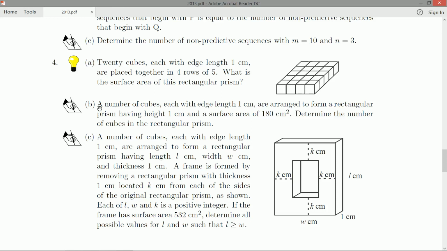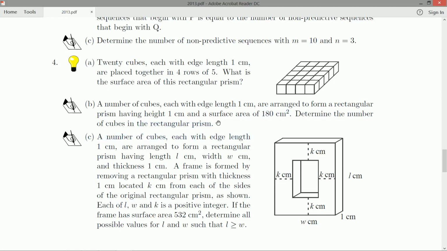B part. A number of cubes, each with edge length 1 centimeter, are arranged to form another rectangular prism, having a height 1 centimeter, just like in part A, and a surface area of 180 centimeters squared. Determine the number of cubes in the rectangular prism. Interesting.